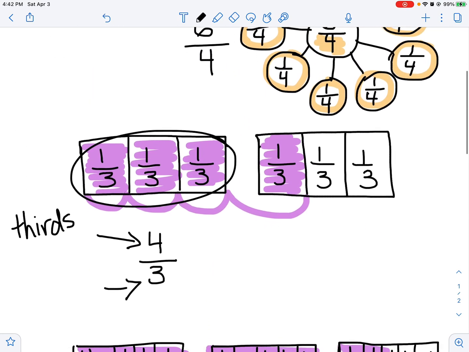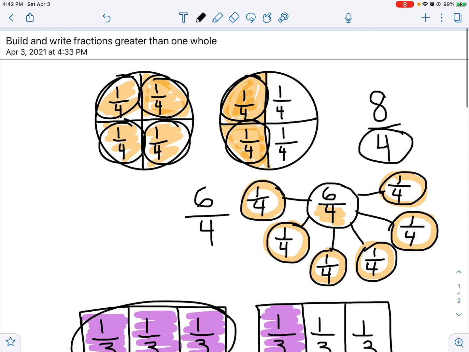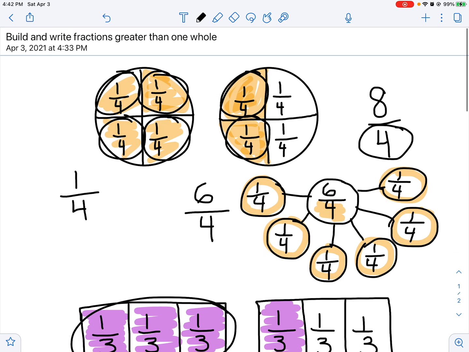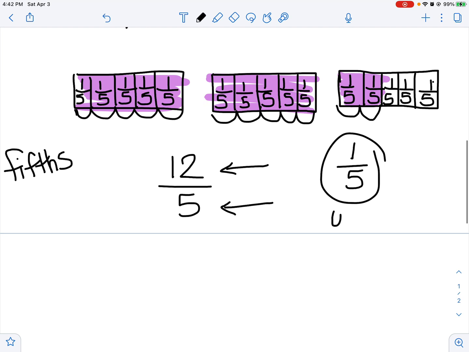Up here, our unit fraction would have been 1/3 because each part of that candy bar was broken into thirds. And for our orange example, our unit fraction would have been 1/4 because our oranges were each broken up into fourths. So you'll identify the unit fraction for each picture.